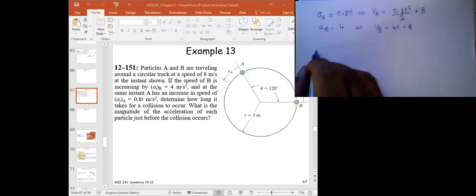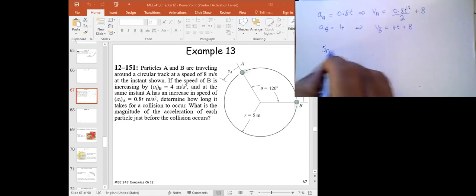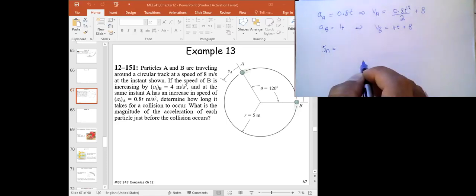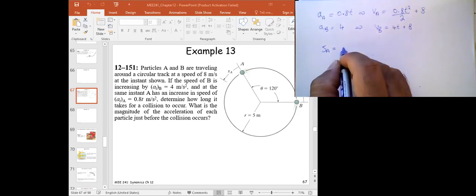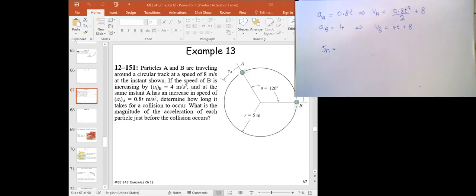Then let us find SA. What is SA? You integrate the velocity, right?